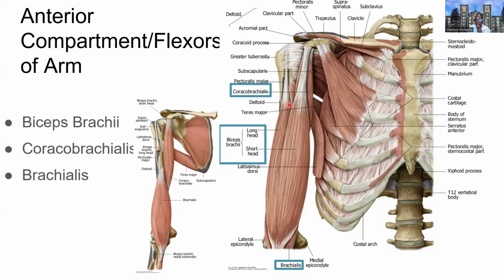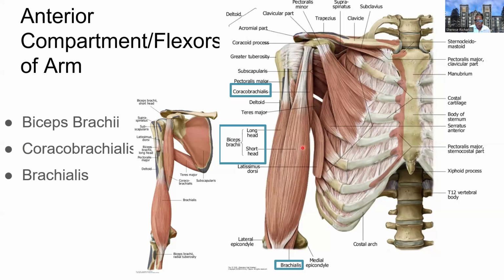The coracobrachialis being the deeper muscle here, attaching to the coracoid process, hence the term coraco, and then attaching to the arm as well. Coracobrachialis is going to be pierced by the musculocutaneous nerve. We're going to talk about this nerve later on. It's going to innervate all three of these muscles, but it's going to specifically pierce through the body of this muscle, coracobrachialis.